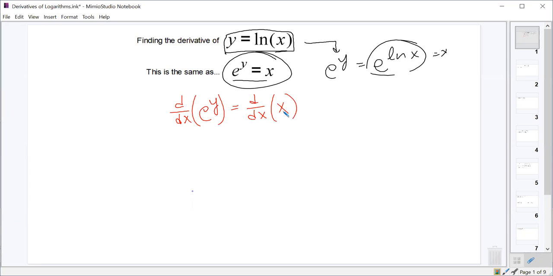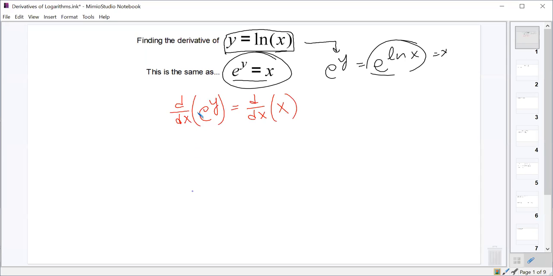Good? All right. So when we take the derivative of e to the y, well, y is a variable. So what do we get if we take the derivative of that with respect to x? In order to do that, we need to take the derivative of it with respect to y, don't we?